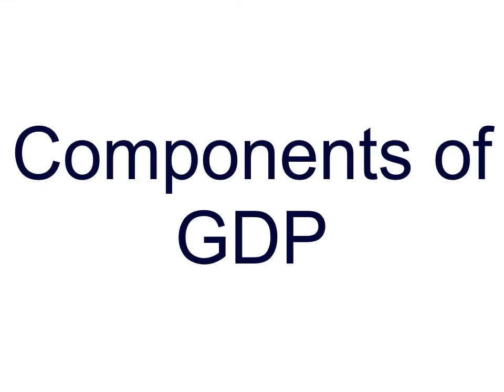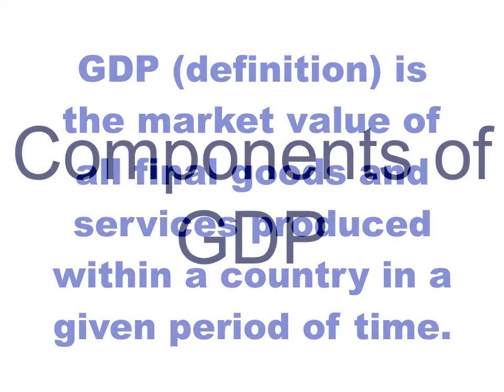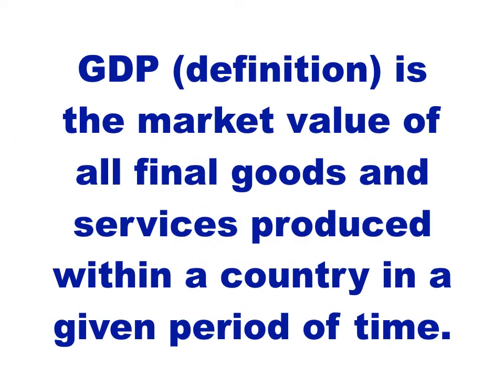In this course, we are going to look primarily at GDP for our calculations. Right? So we do need to know the difference between GDP and GNP. However, our calculations will be GDP. So let's look at the definition of GDP.